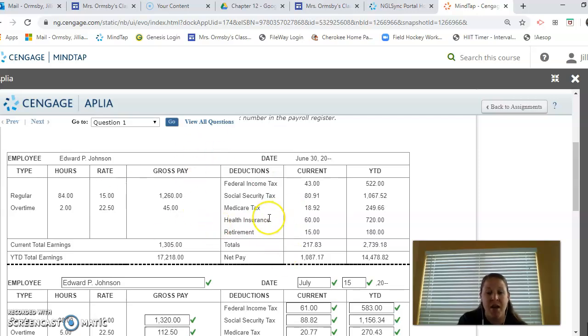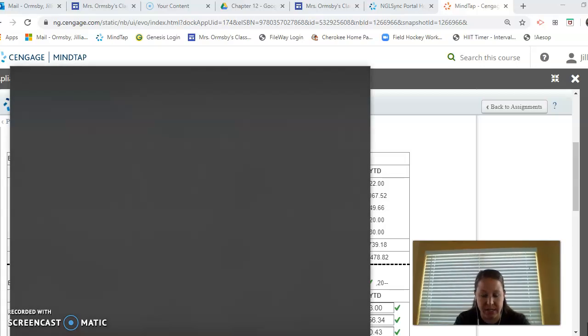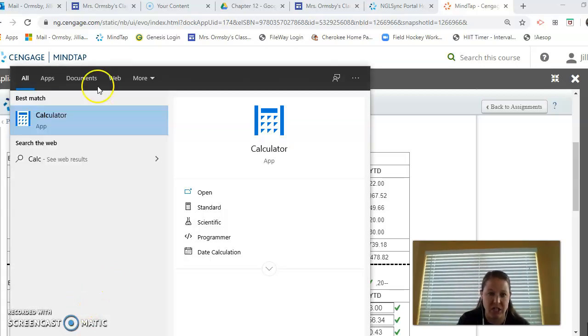So that you can take your previous year-to-date total earnings. YTD means year-to-date. So you're taking this amount, 17,000, and I'll plug it in on my calculator here so you can see me do the calculations.